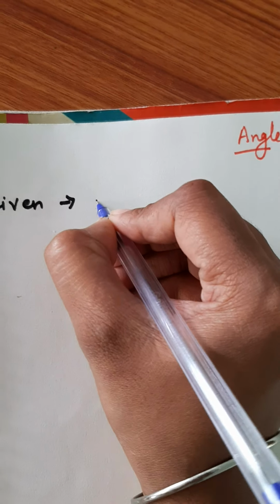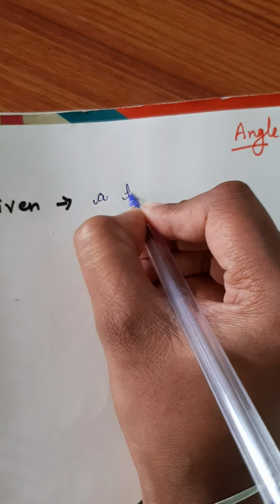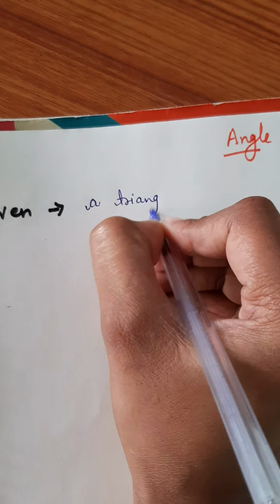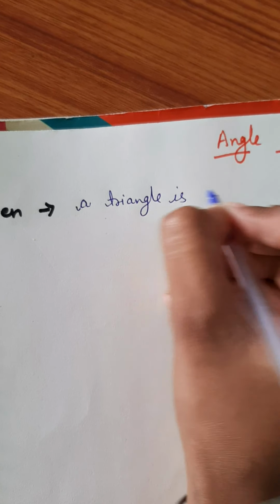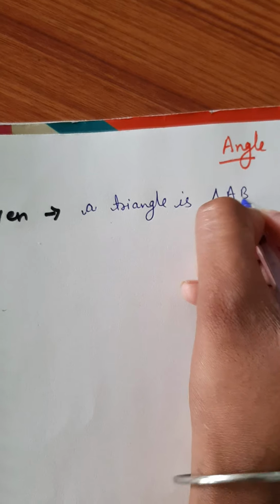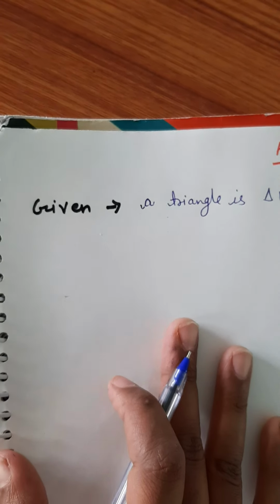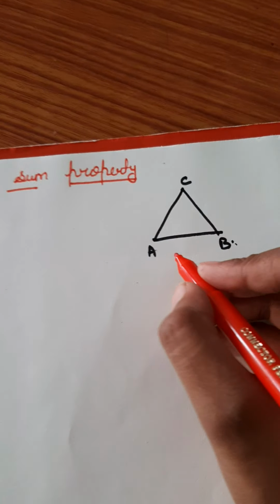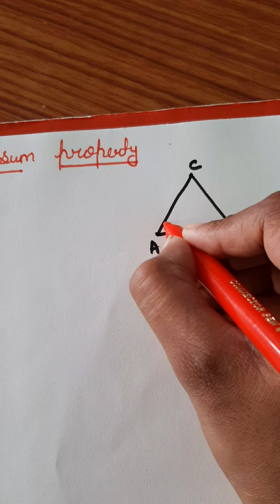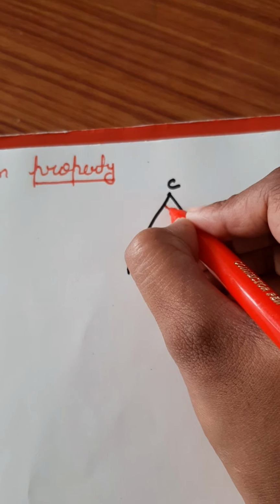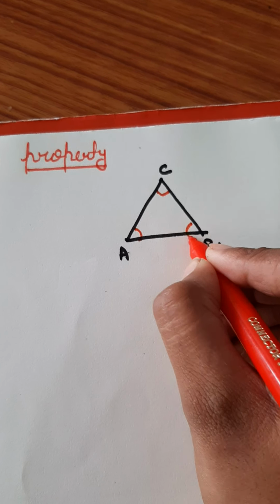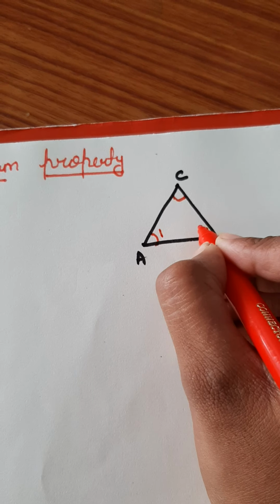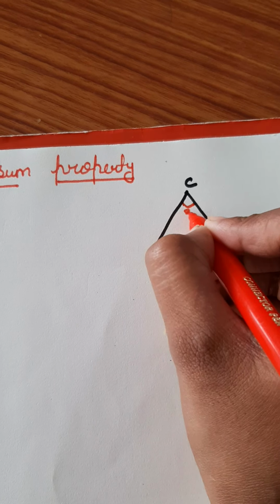A triangle ABC. Then after, to prove, what are the things we have to prove? Here I mention the angle numbers: this is angle 1, 2 and 3.